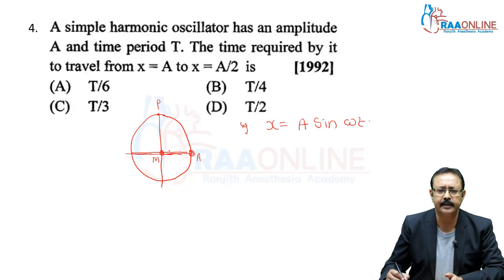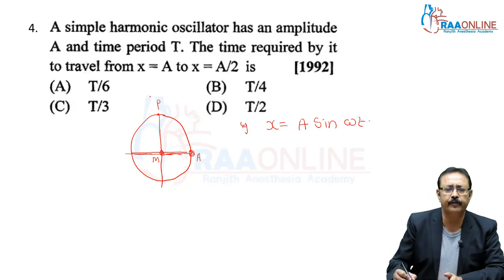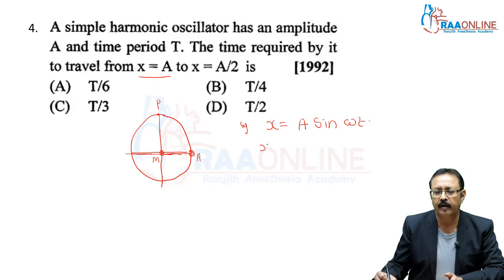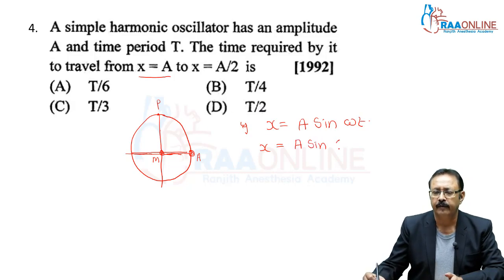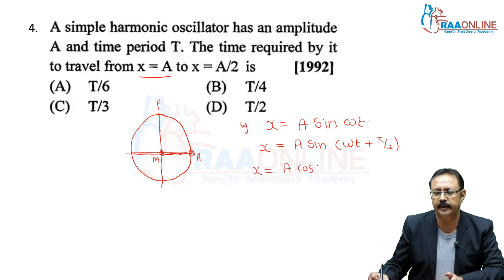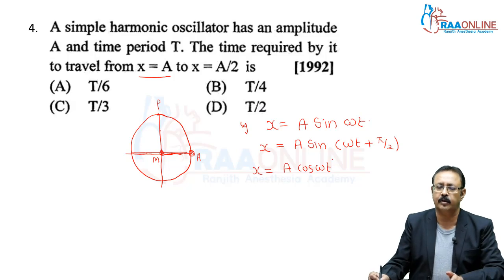But in this case, the motion is starting from x is equals to A, which means P has already moved by 90 degrees. There is a phase difference of 90 degrees. So for this motion we add omega t plus 90, which means pi by 2. So x is equals to A cos omega t, since sin of 90 plus theta is cos theta.